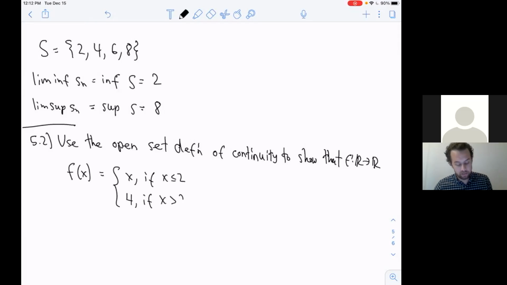And I took this straight from the book. So if you want to look at it, it's towards the end of this section. So this function is not continuous.